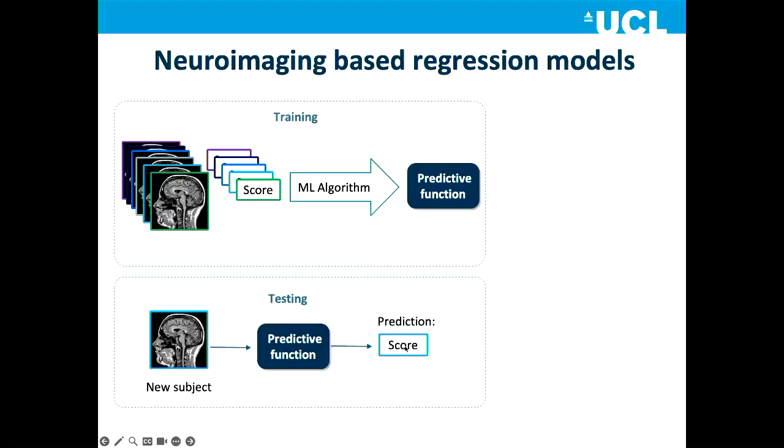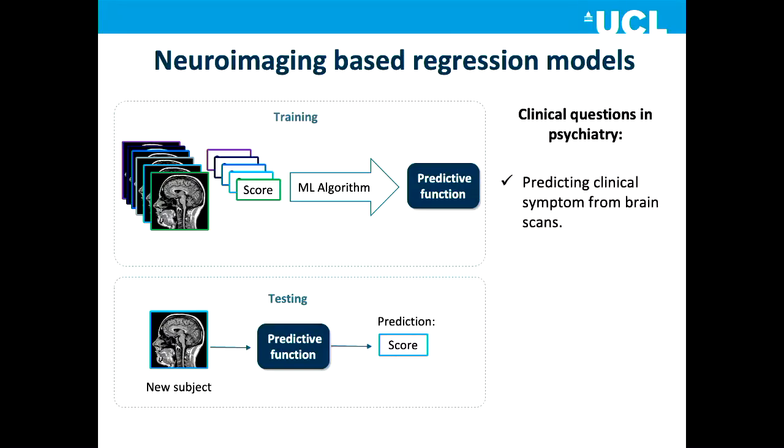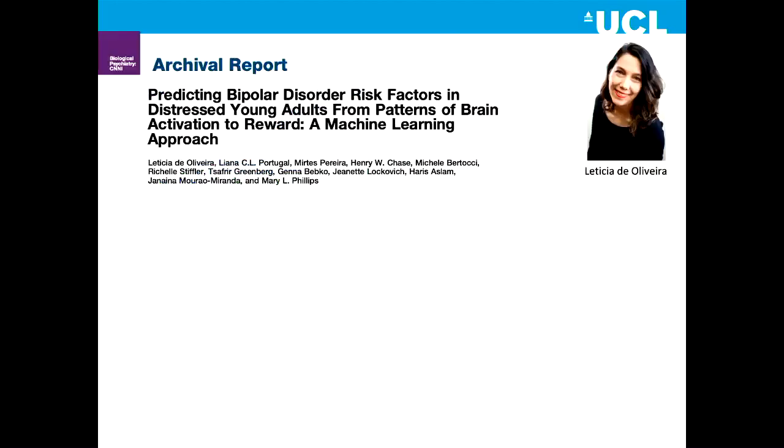This framework has also been applied over the last years to address clinical questions in psychiatry, such as predicting clinical symptoms from brain scans and predicting personality traits from brain scans. I will show an example of an application of this pattern recognition framework that we did a few years ago.